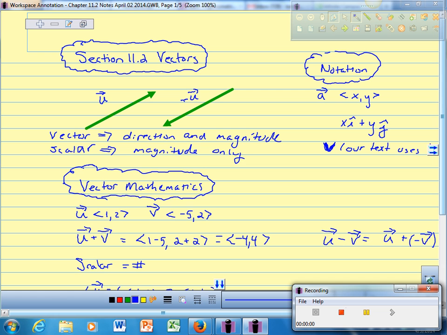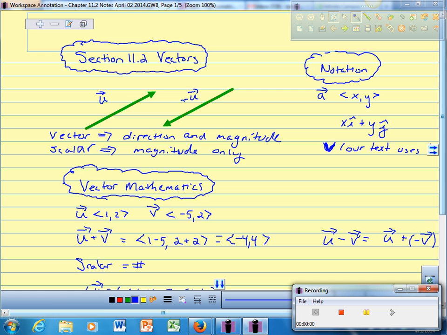Notation. We need to be clear that vectors are written in many different ways. In our book, you'll see a vector notated with an arrow above a letter, vector A. You'll see it also written as what looks like a point but with pointed brackets.